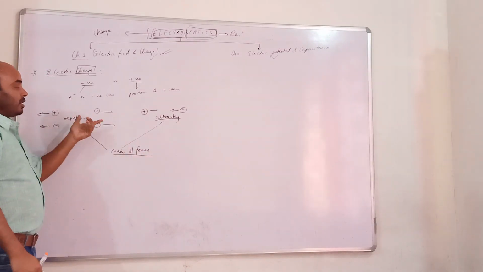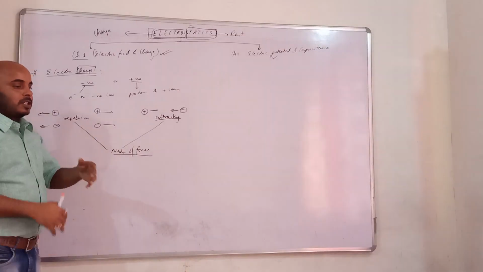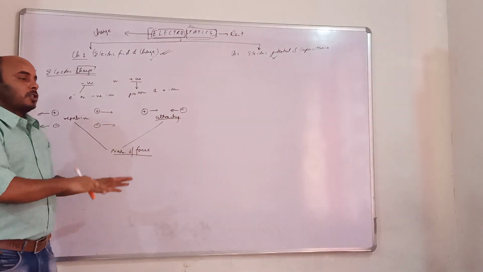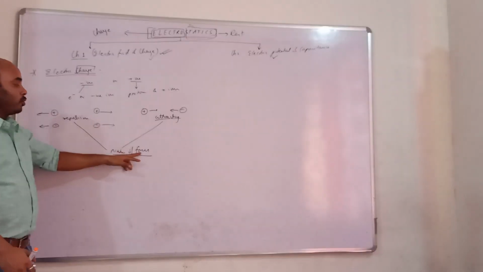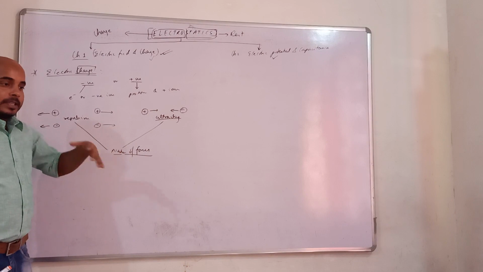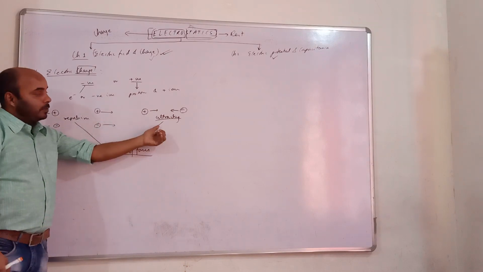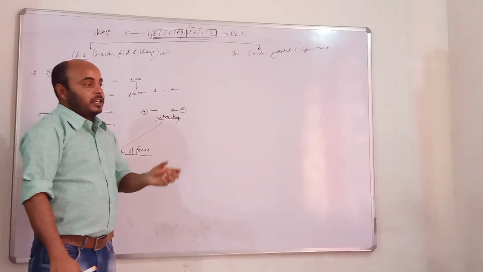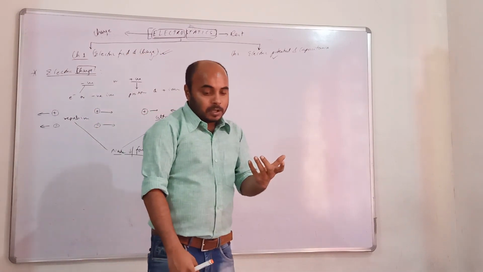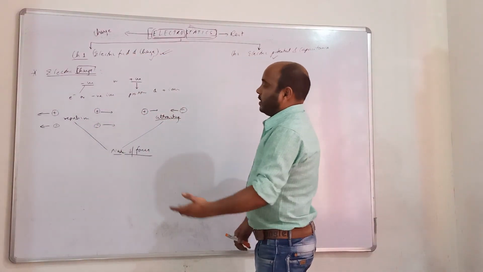Whenever there are two charges, whether they are positive, negative, or positive and negative, they exert force on each other. That force can be attraction or repulsion, depending on the nature. Nature means whether the charges are plus or minus.